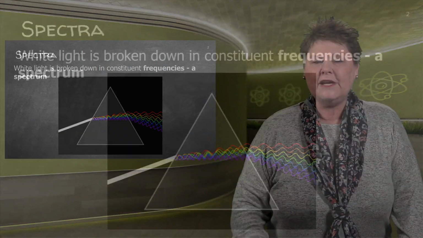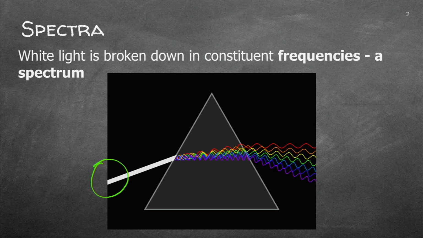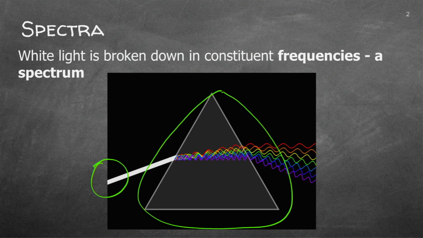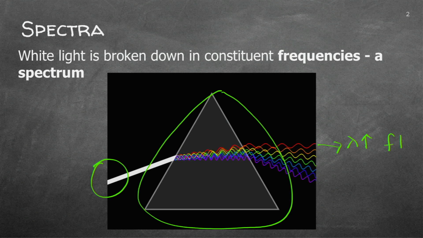Firstly, we're going back to white light, and white light going into a prism will actually refract the light in different frequencies or wavelengths. So we've got red at the top there with a longer wavelength but a shorter frequency.